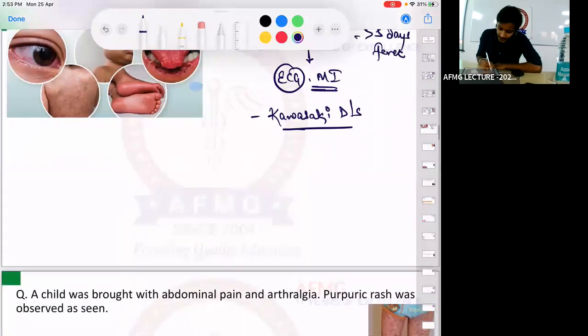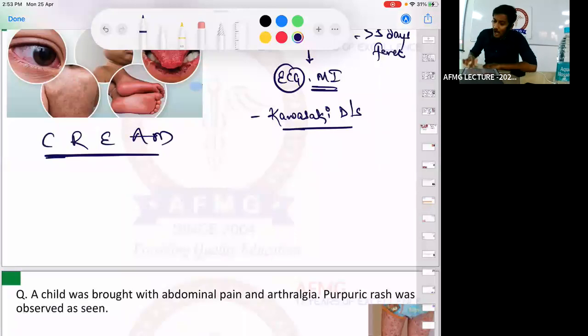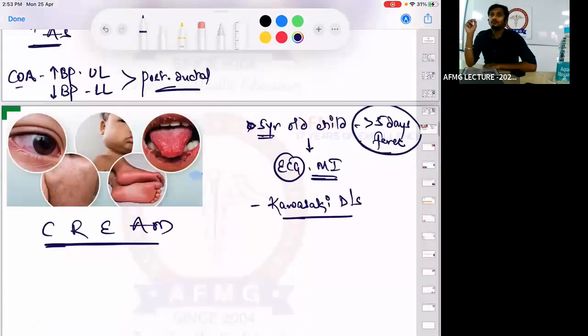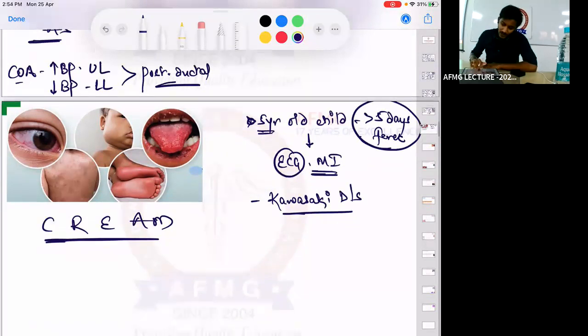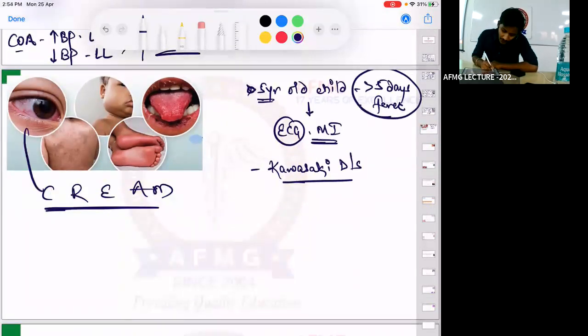And Kawasaki disease can be remembered by which features? CREAM features. So for diagnosis of Kawasaki disease, how many days of fever is mandatory? More than 5 days, along with the CREAM features. C goes for conjunctivitis.